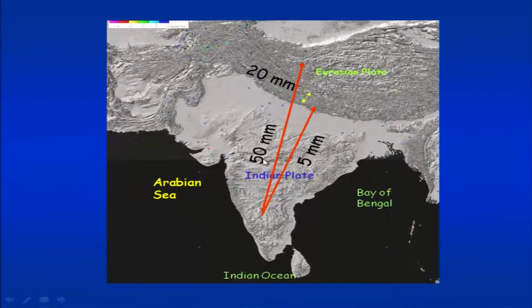So, this movement or the velocity which has been shown here, 50 millimeter and 20 millimeter across Himalaya in a very short portion as compared to the 50 millimeter, is deformation. This area is under high strain and responsible for triggering large magnitude earthquakes in the past and in future also.